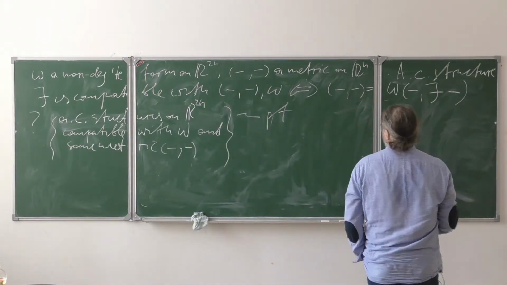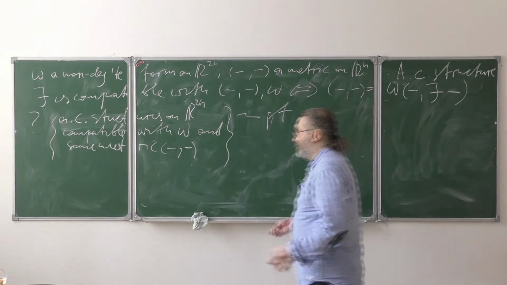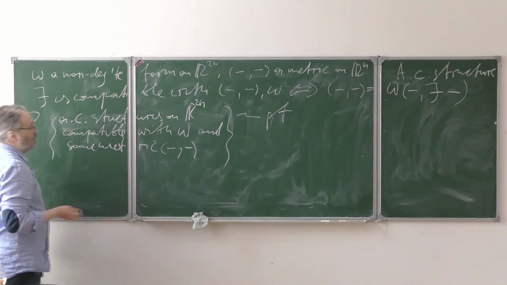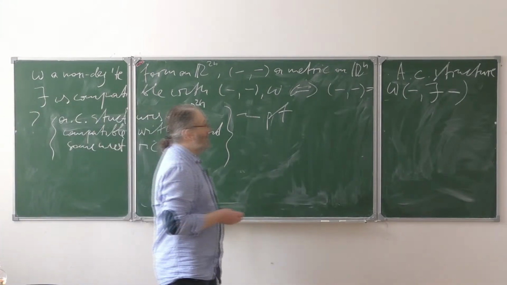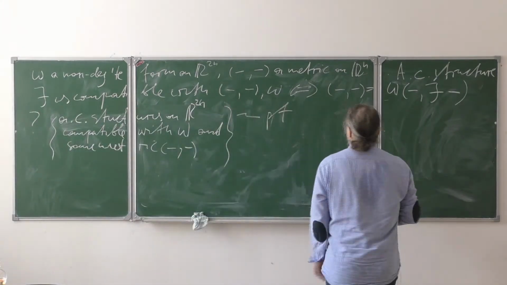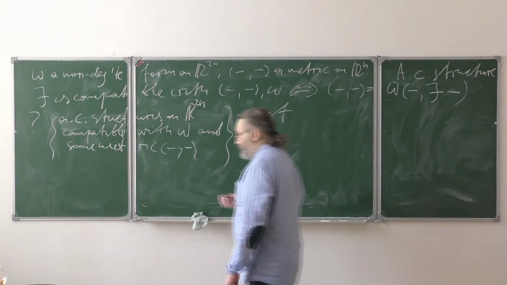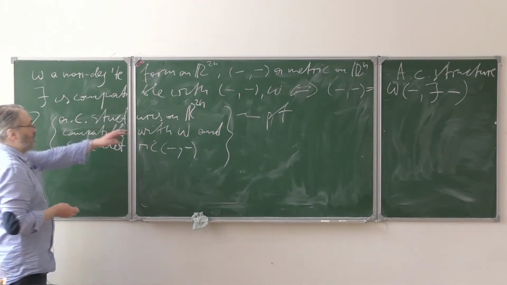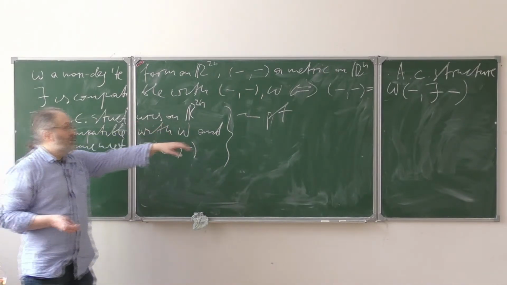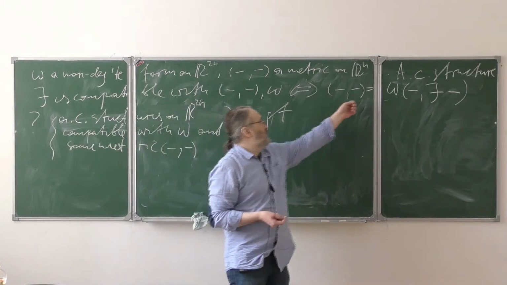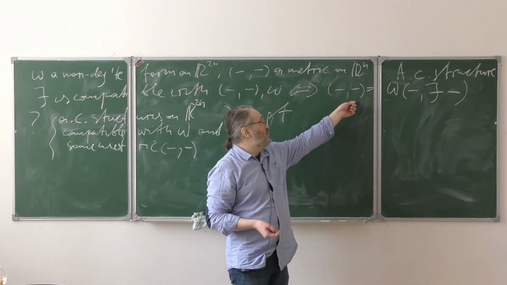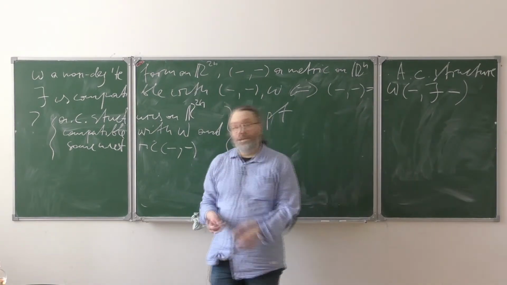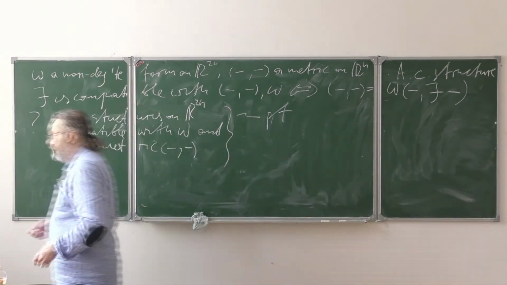The metric is determined by J, and vice versa. If we have an almost complex structure, then we get at most one metric which satisfies this formula.